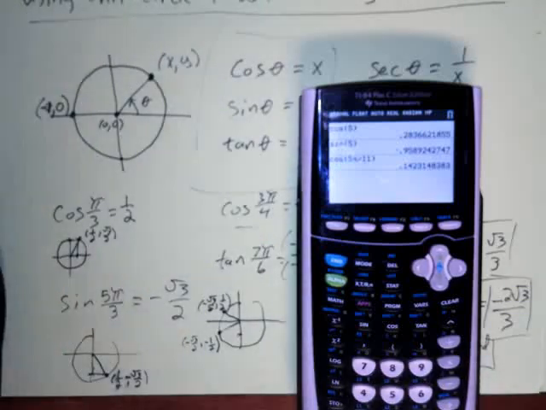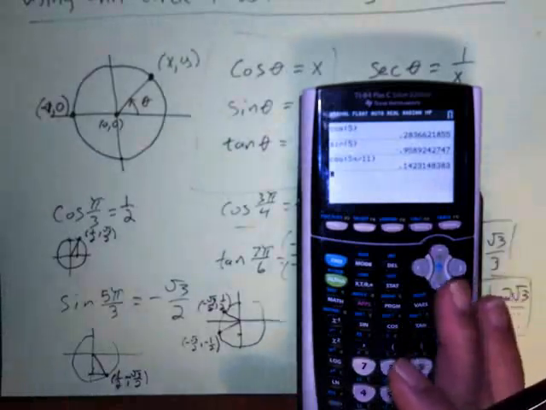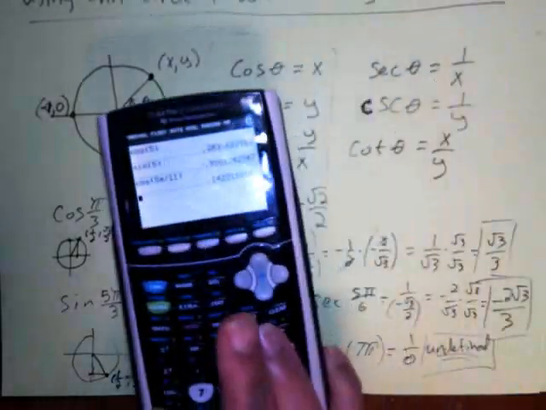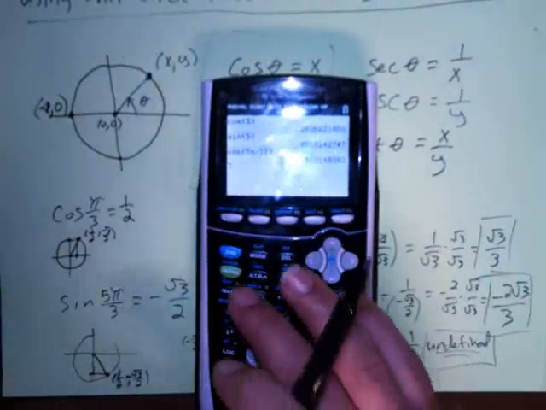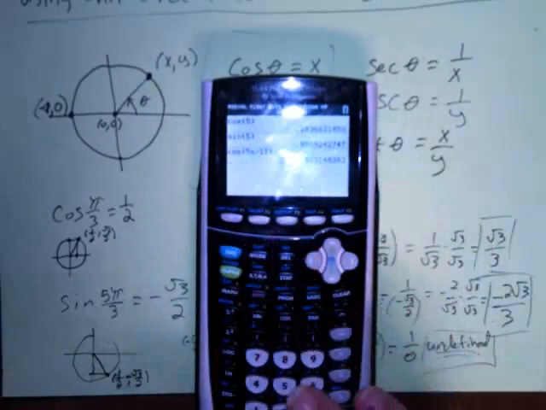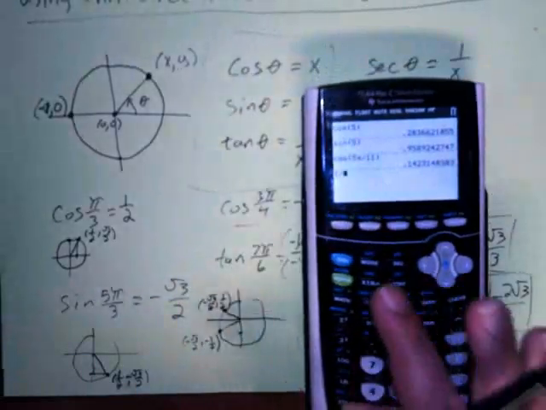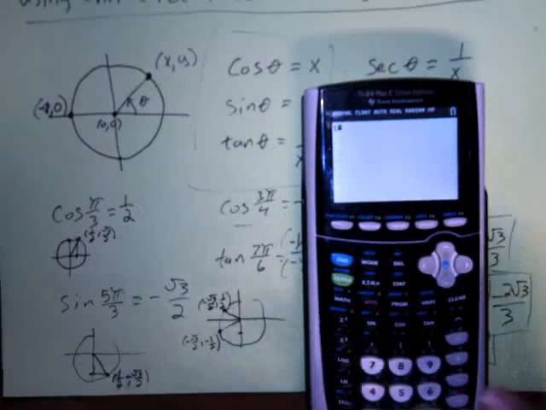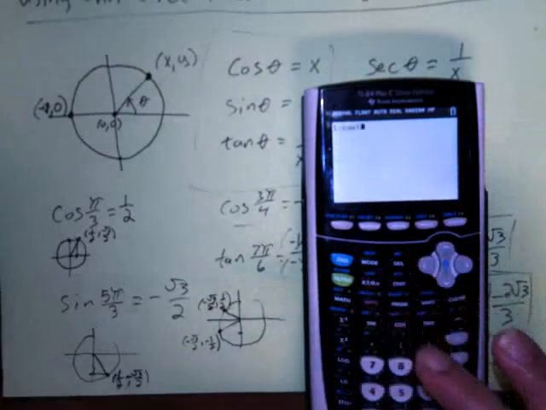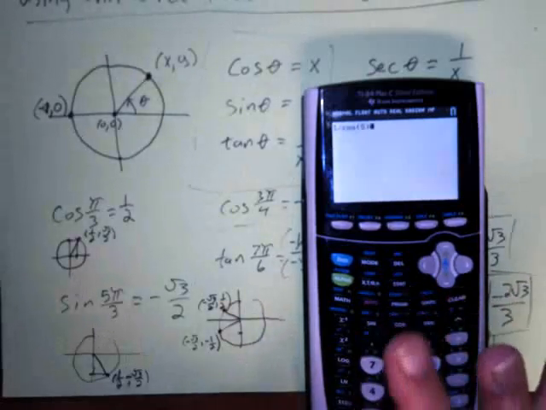Now if I want to find the secant of an angle, so let's say I want to find the secant of 5, then the secant is 1 over the cosine, so I need to do 1 divided by, and then cosine of 5. So don't do the cosine inverse. I did the wrong thing there.